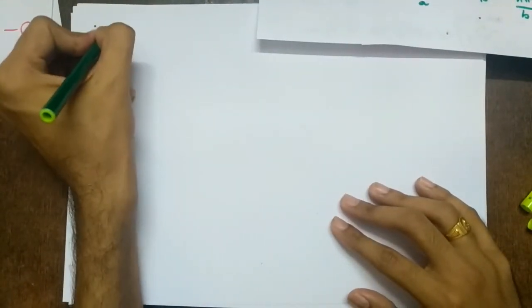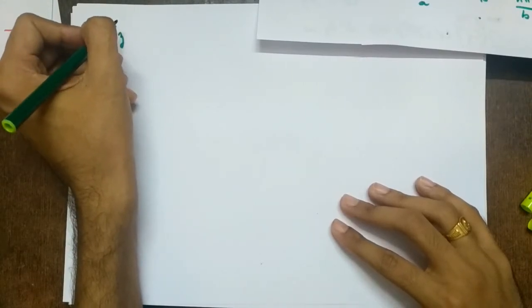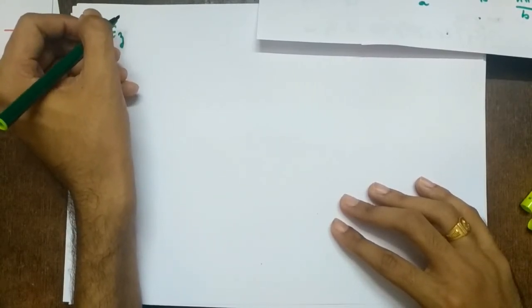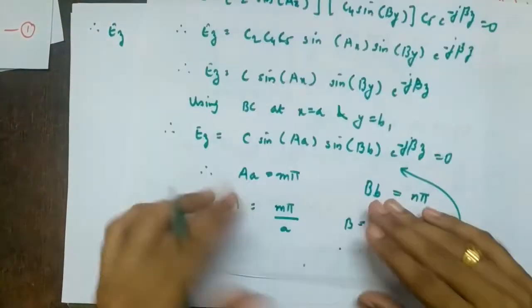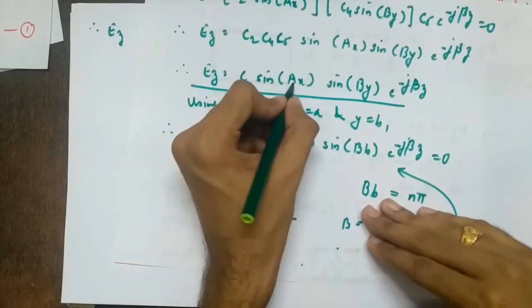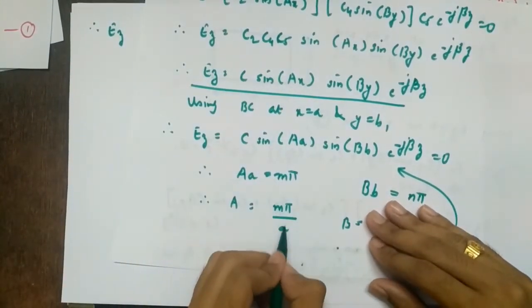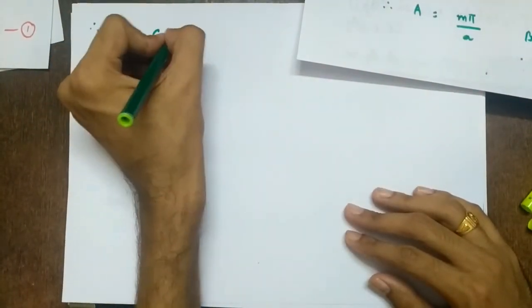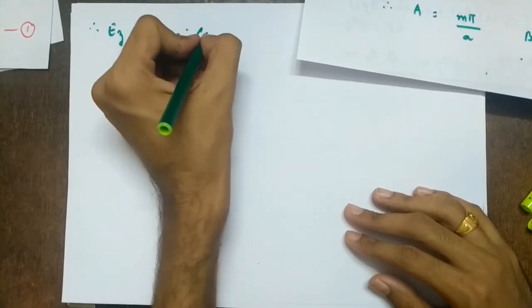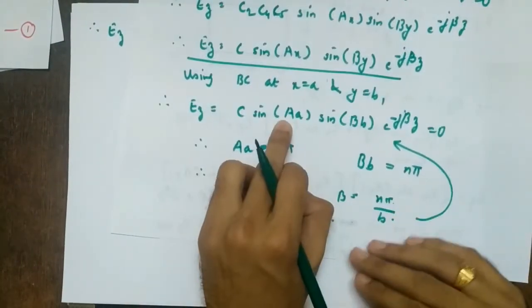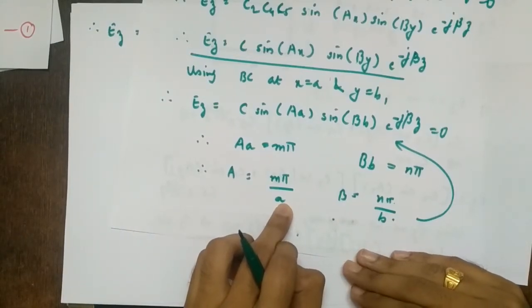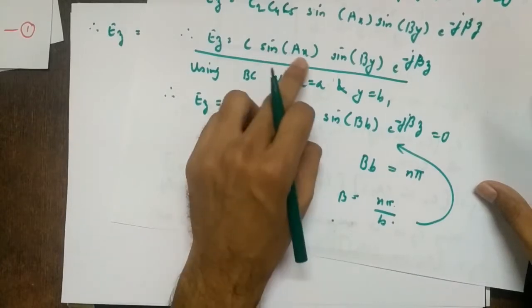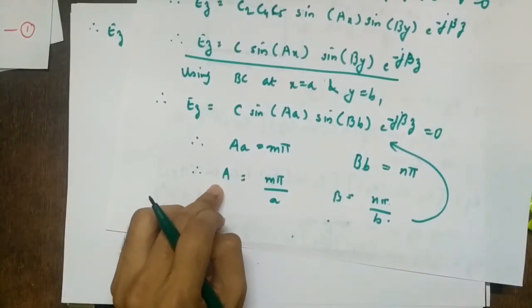So substituting this in this equation, what will we get? Therefore Ez equal to, we are substituting in this equation, C sin of A into M pi by a, B into N pi by b. Sorry, just a minute.